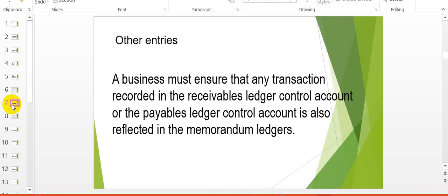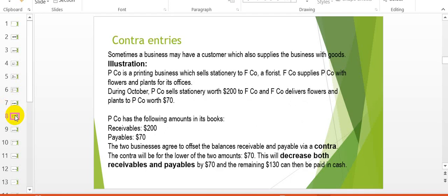But there will be other entries which a business must also ensure that any transactions recorded in the receivable ledger control account or the payable ledger control account are also reflected in the memorandum ledger. One such example is the contra account.